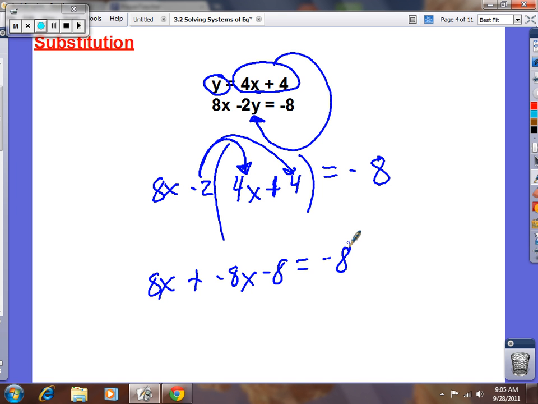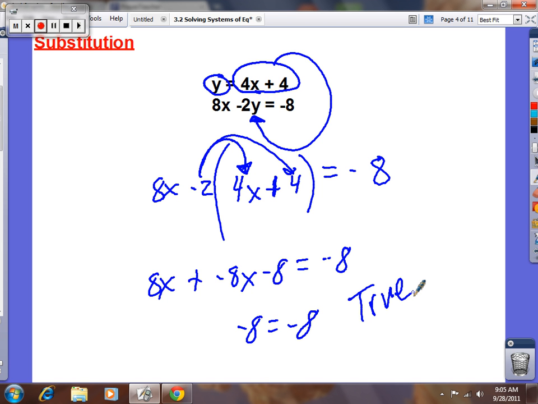Okay, clean up this left side. What's 8x minus 8x? 0. So you got a negative 8 equals a negative 8. That's something weird. That's a special case. Is it true or false? That's true. So that means, are these your options: is this a parallel system, or is this the same line on top of itself?